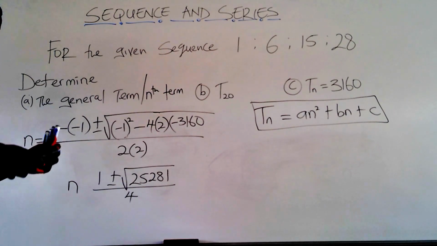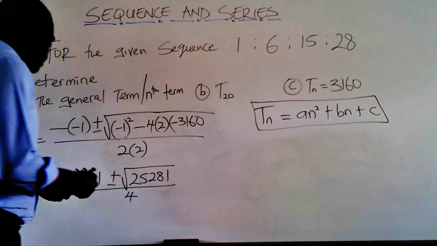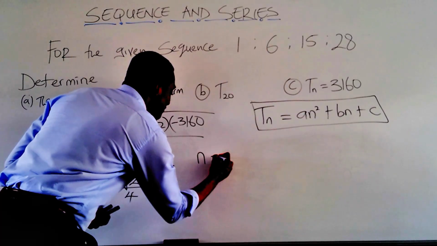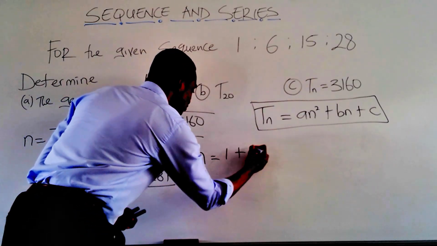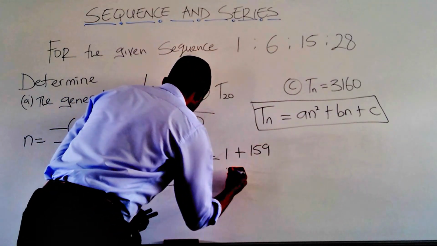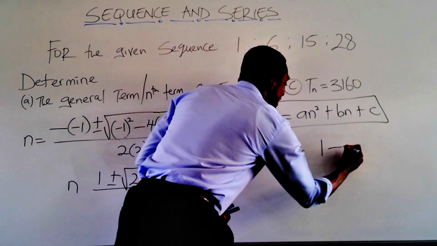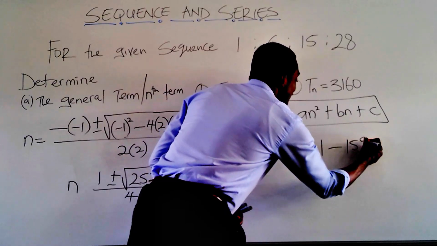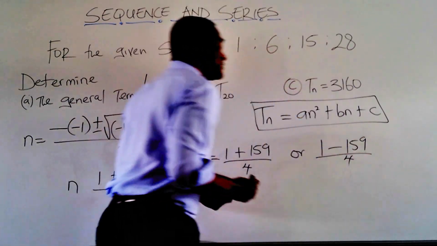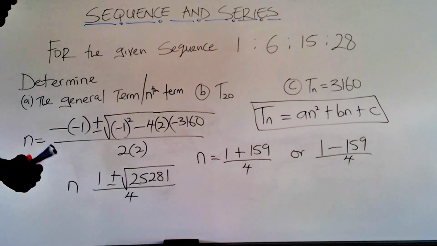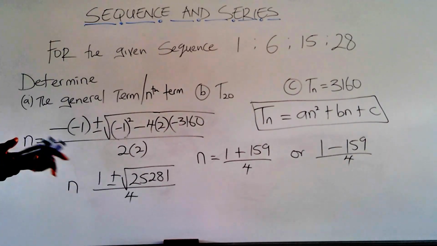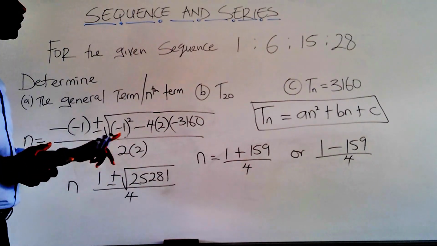The square root of 25,281 is 159. So n can be 1 plus 159 over 4, or 1 minus 159 over 4. Remember that it must give you a plus or minus.